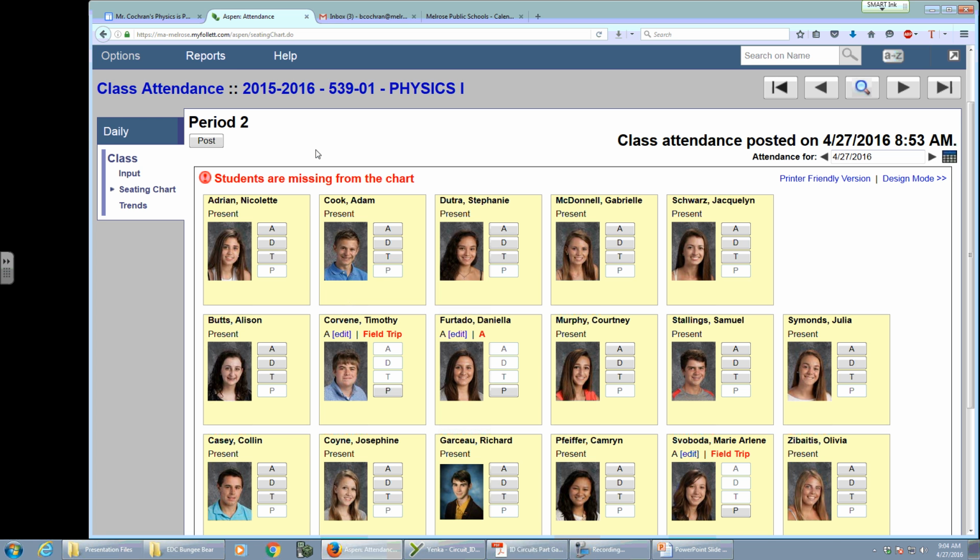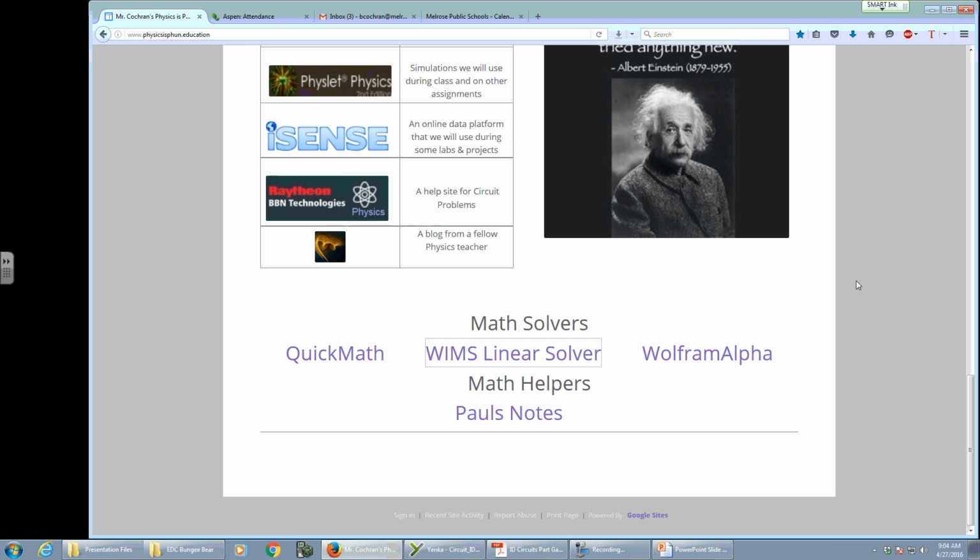is if you go up to our website, down here at the bottom of it, there are 3 solvers. Quick Math, this WIMS linear solver, and Wolfram Alpha. If you put these equations in any of these, it will do the mathematics for you.